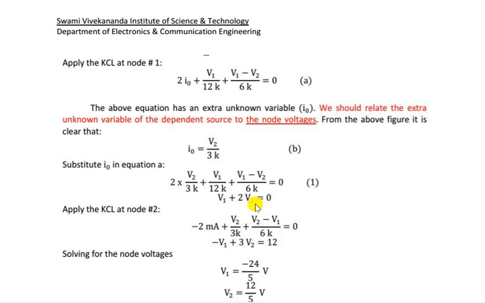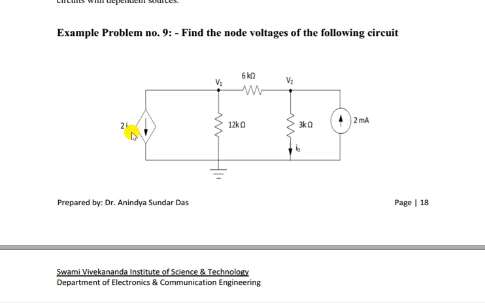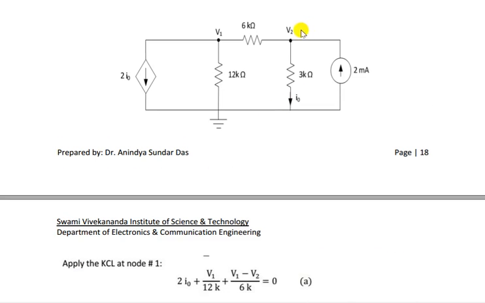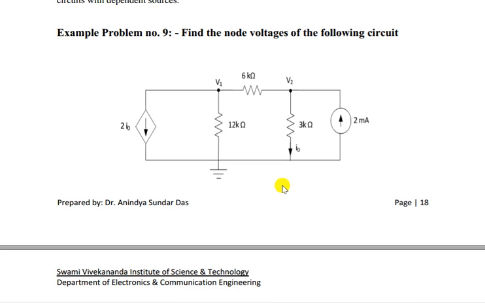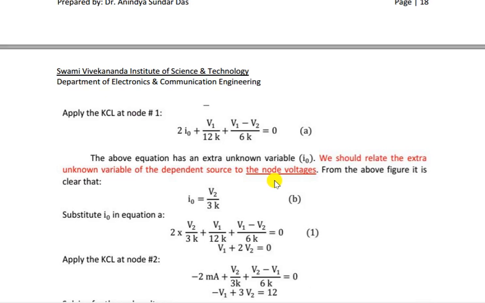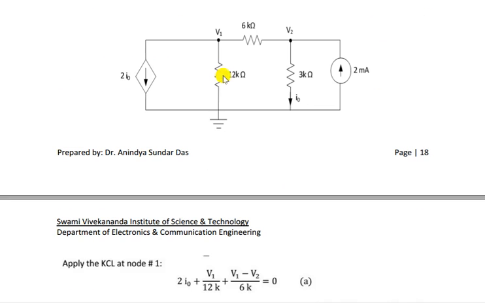Okay. So whenever there is a dependent source, we will get an extra equation for the unknown variable of the dependent source. Now we can write the equation at node 2, say, either V2 minus V1 by 6k or V1 minus V2 by 6k also.